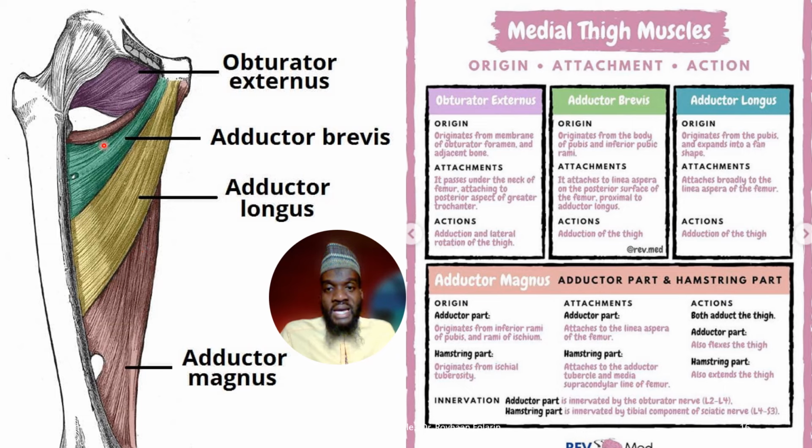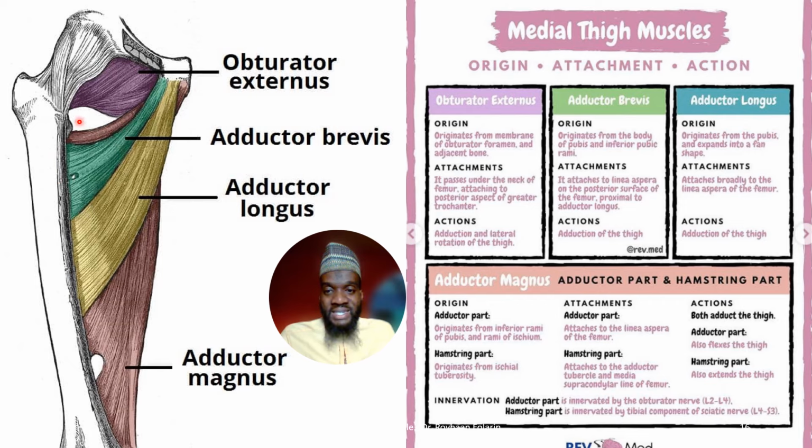Then the adductor brevis is better appreciated here. You didn't see that in the cross section earlier. So the adductor brevis arises from the body of the pubis and inferior pubic rami, and then it goes to insert proximal to the adductor longus.